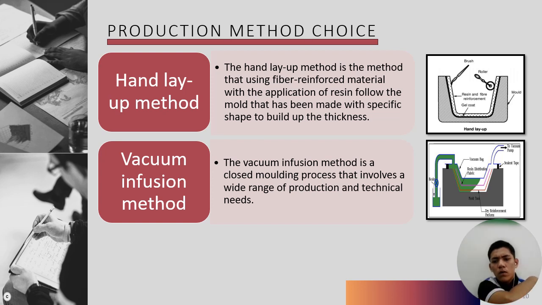To simplify, the hand layup method is the method using fiber reinforced material with the application of resin, following the mold that has been made with a specific shape to build up the thickness. And then the vacuum method is a closed molding process that involves a wide range of production and technical needs.